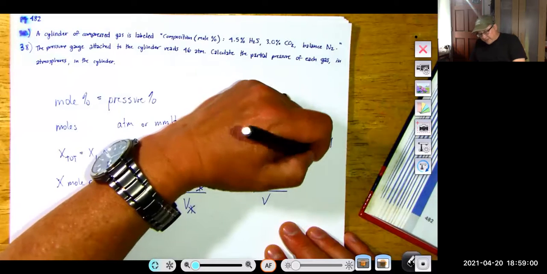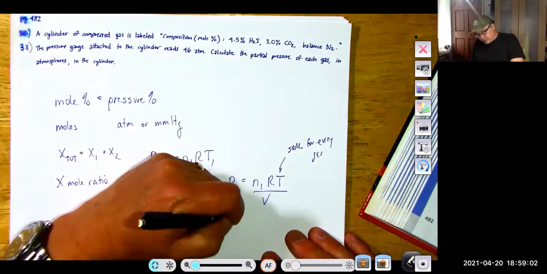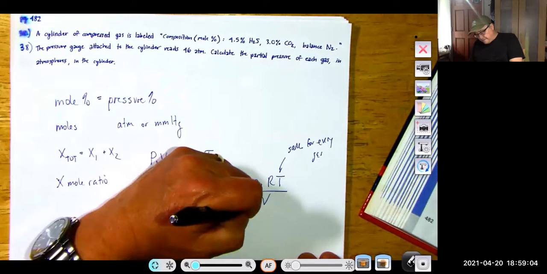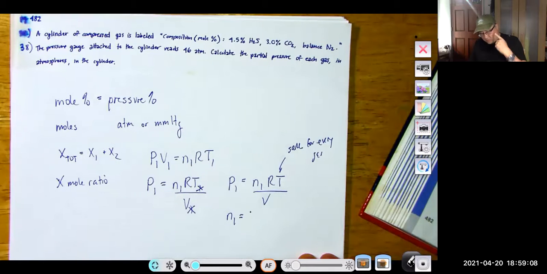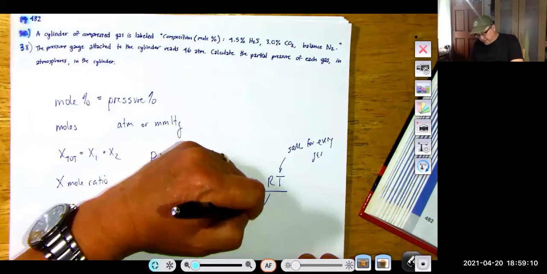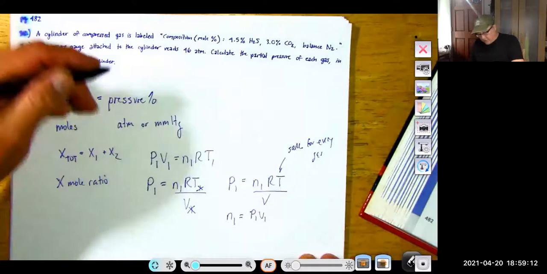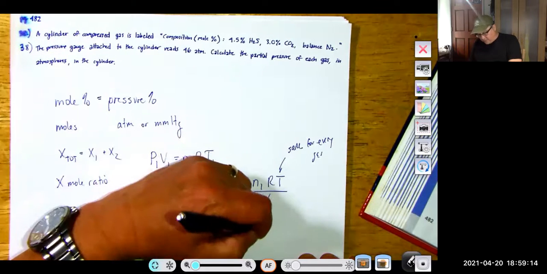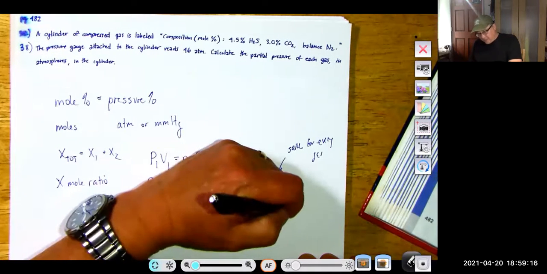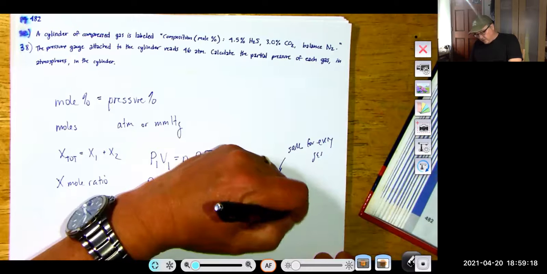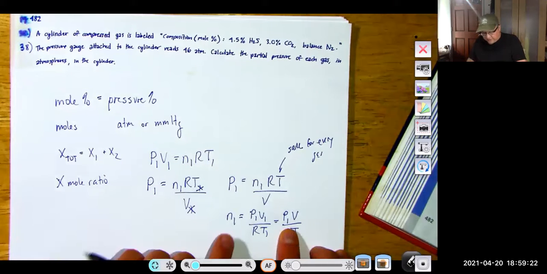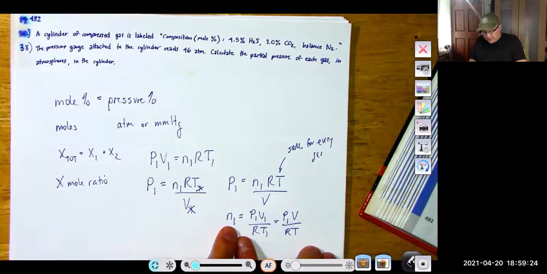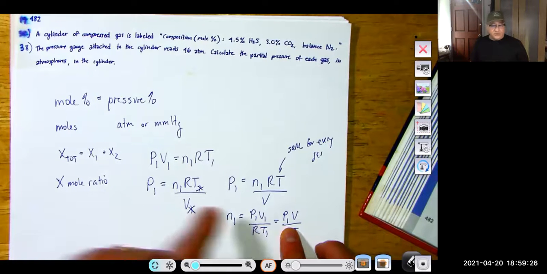And this is the same for every gas. But another way to write this is N1 is equal to P1 V over R T. So here again, you can see in either of these equations, the moles is proportional to the pressure.